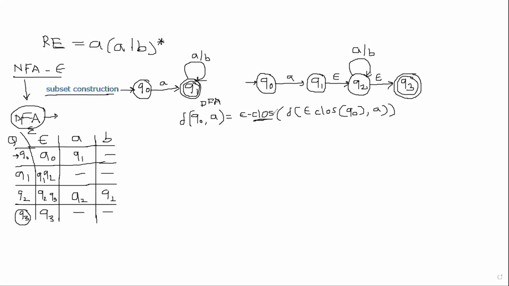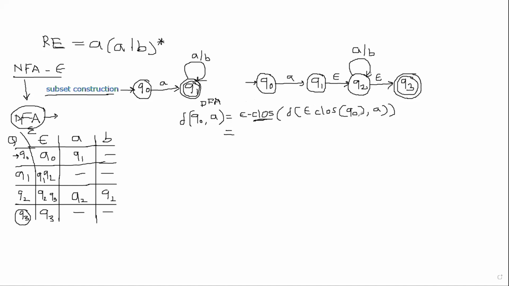So epsilon closure means the states which are possible by considering the null as an input. So we are going to find out the epsilon closure for this Q0. We will see what is the transition of epsilon closure of Q0.